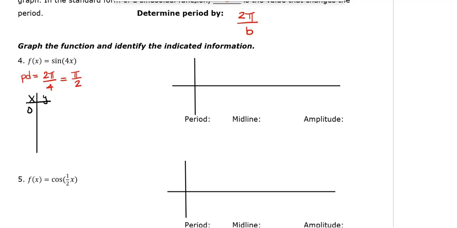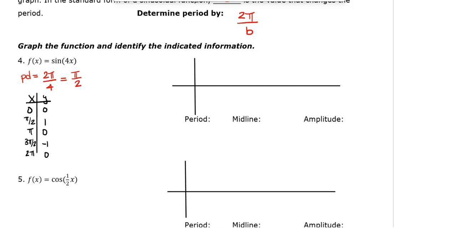If I was doing sine x, we'd have 0, pi over 2, pi, 3 pi over 2, and 2 pi. That would be all of my x values because that would be my x-axis. My y values for sine would go 0, 1, 0, -1, 0.